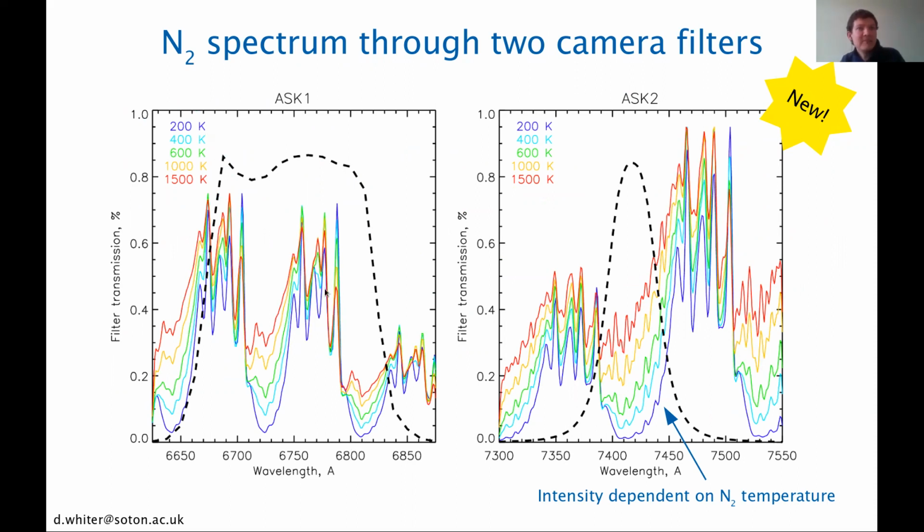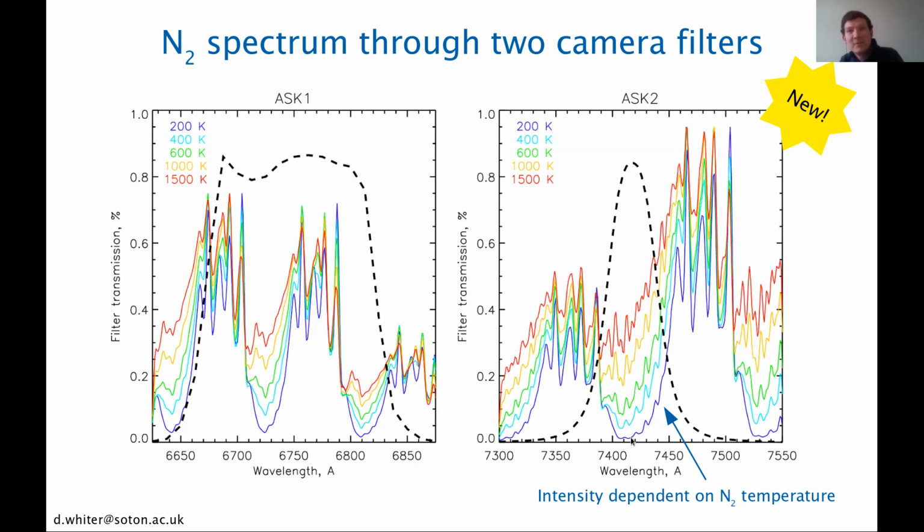It varies, but through this filter the total intensity doesn't depend on temperature very much. This new filter is looking at a part of the spectrum where the intensity does depend strongly on temperature. It's narrower and looking at slightly redder wavelengths, on a part of a band system with the higher energy transitions associated with the higher temperatures.